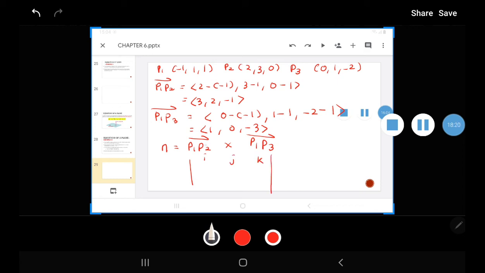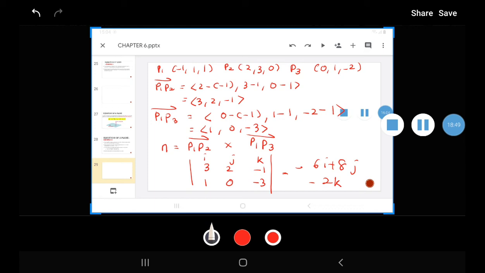So what is i here? It is 3, 2, minus 1. This is for P1, and for P1, P3 is 1, 0, minus 3, which you will get, I'm not going to go into detail, but you will get minus 6i plus 8j minus 2k. Okay, so that settles 1 point. Okay, so that is the vector.